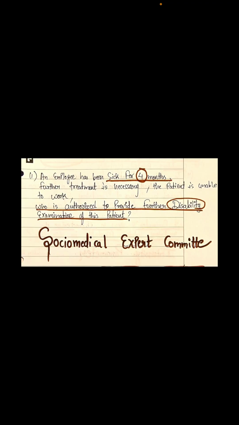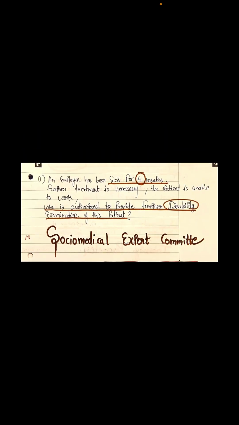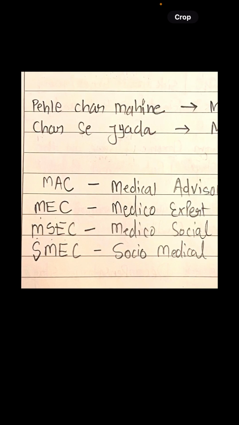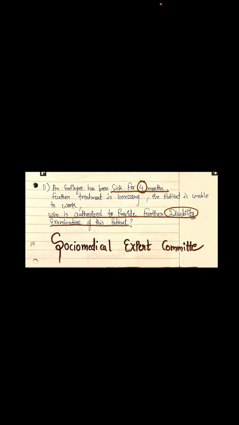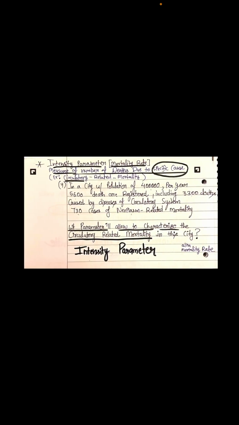So after 4 months, the option which is suitable to mark is with E, because E comes after A. Socio-medical or medico-social, whatever it is, like MEC, MSEC or SMEC. They want to extend the holidays after 4 months, so it will be MEC or SMEC, whatever it is.